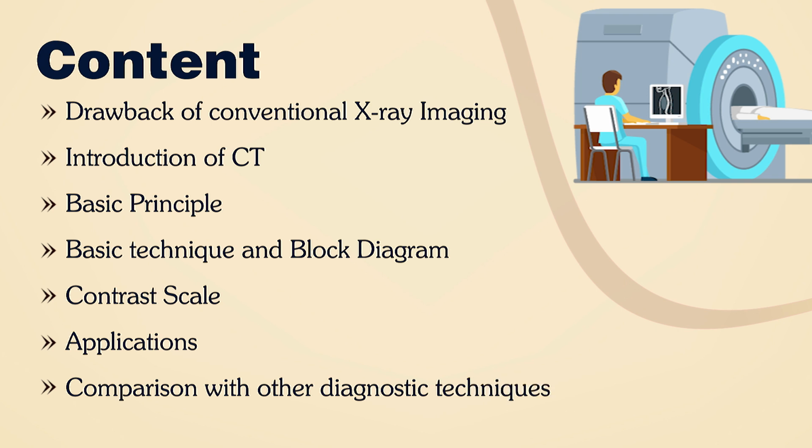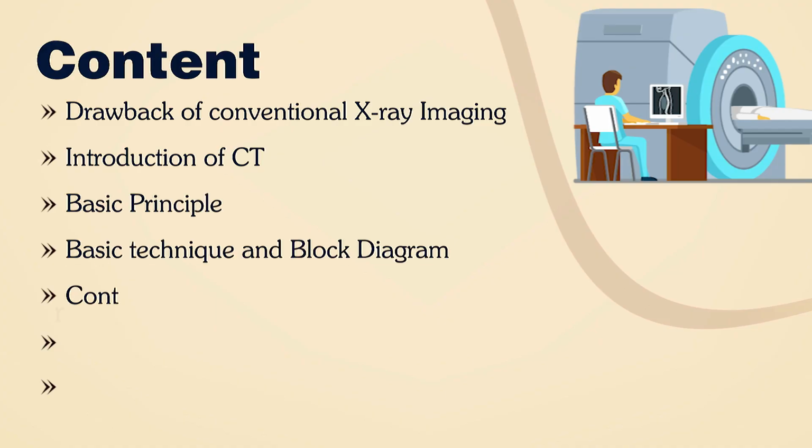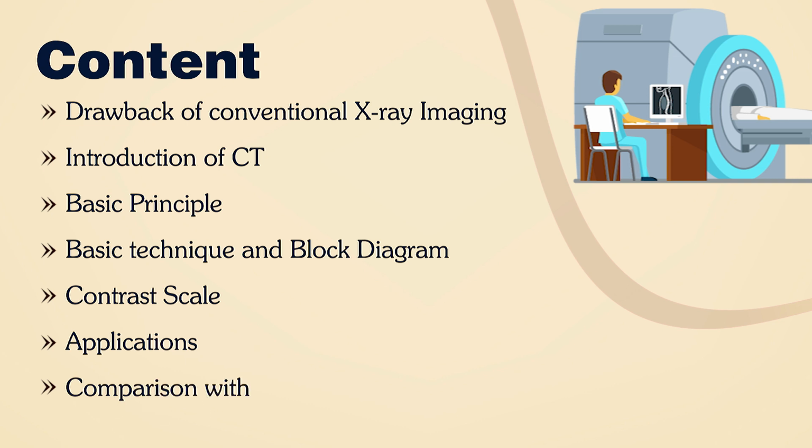Here we will see computed tomography as an imaging technique to provide cross sectional images of the body's internal organs and tissues. Then we will see the principles of computed tomography. There we will see the principle of image reconstruction. Then we will see basic technique and its block diagram.